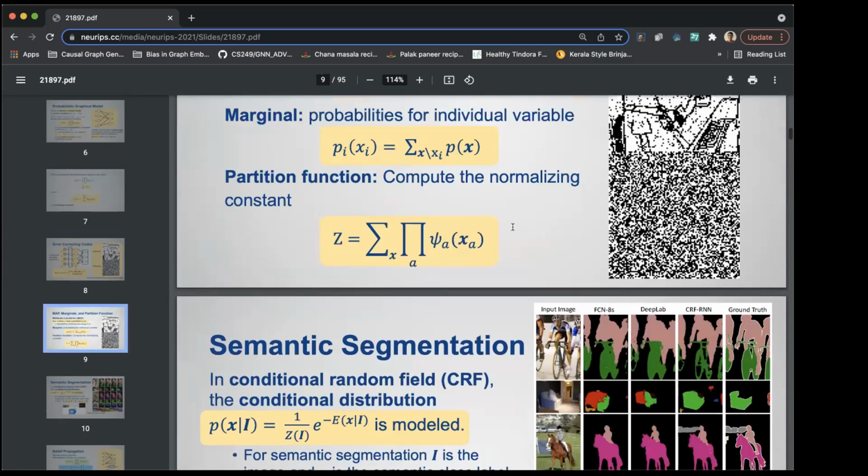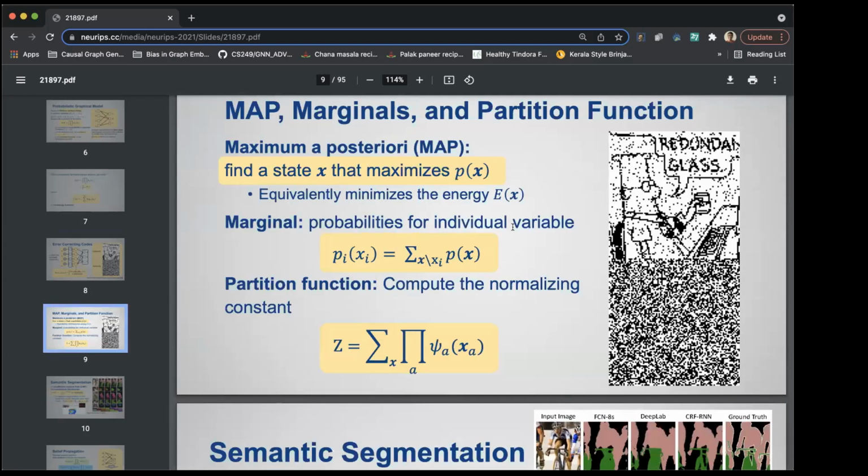And we also care about the marginals, so probabilities for individual variables. So this notation here means that if we take the joint probability distribution for some particular value of the variable xi, we want to marginalize over all the other random variables and all the values that these random variables could take on. So we're just summing out all the other random variables so that we can get the distribution just with respect to this one random variable.